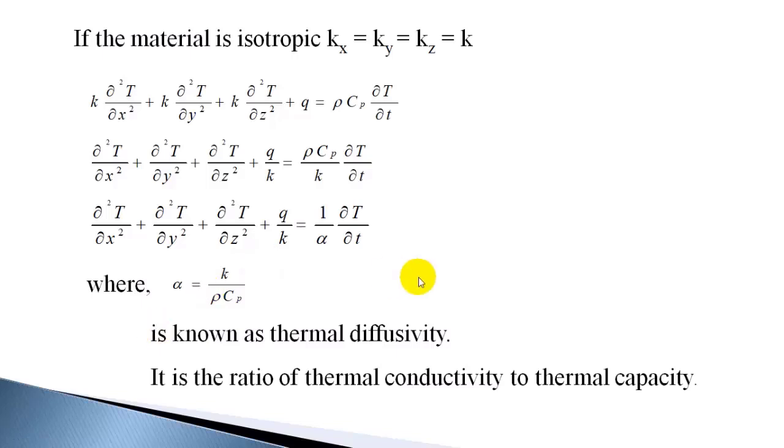So a high value of thermal conductivity and a low value of rho Cp will give a high value of alpha, and a high value of thermal diffusivity always indicates the easiness with which heat diffuses through a material. The heat will be transmitted through the material. Both are important: thermal conductivity and rho Cp. Good thermal conductivity and low thermal capacity will give a high value of thermal diffusivity.